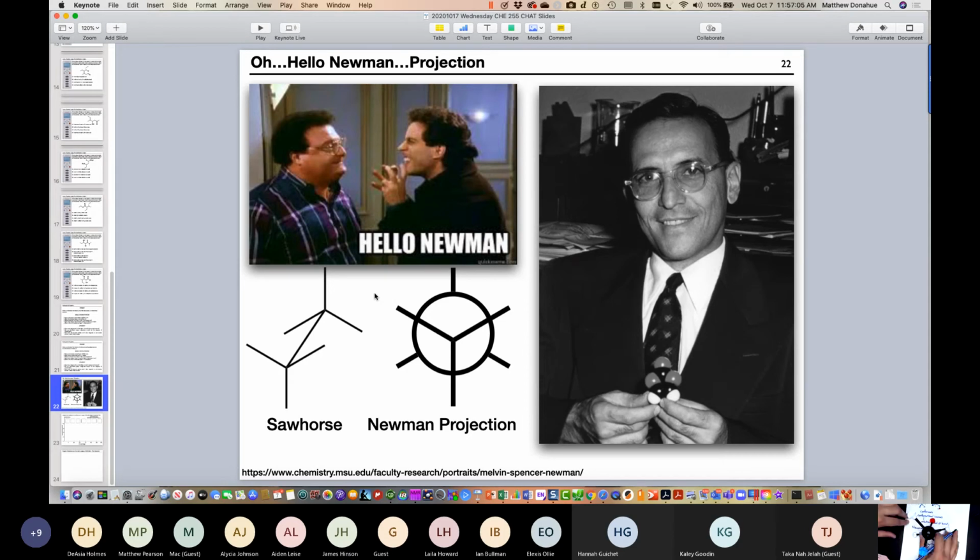So now looking down that axis, we have a group that's up, a group to the left, and a group to the right. You can see as I'm holding the 2 hydrogens, so H, H, and then the red is methyl number 4, CH3.